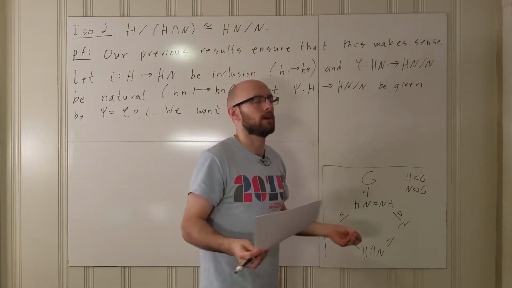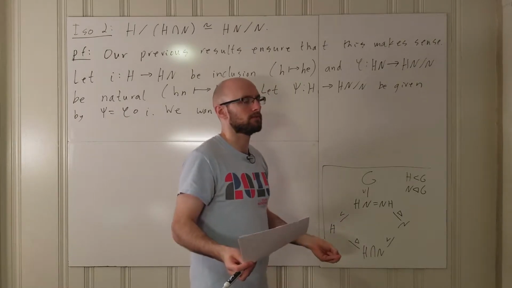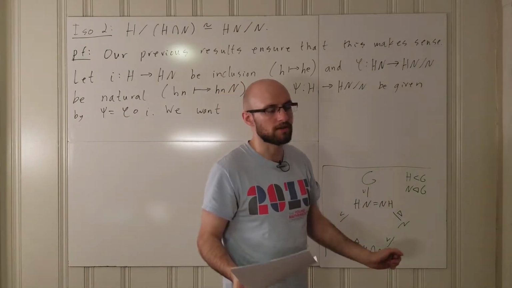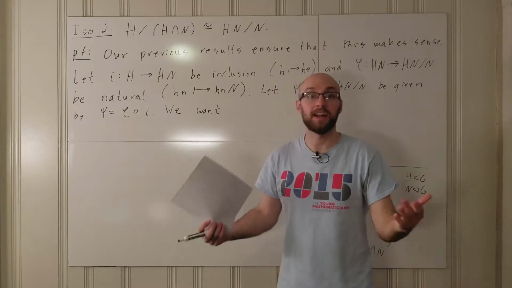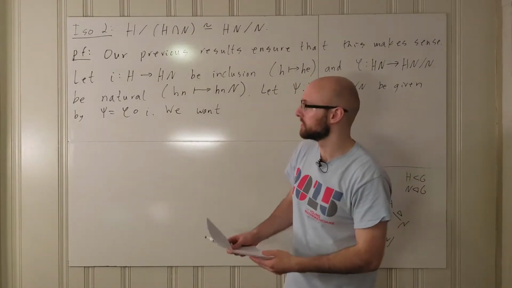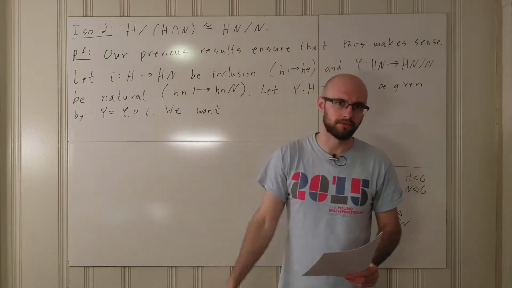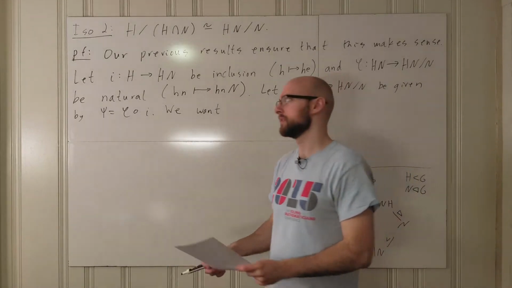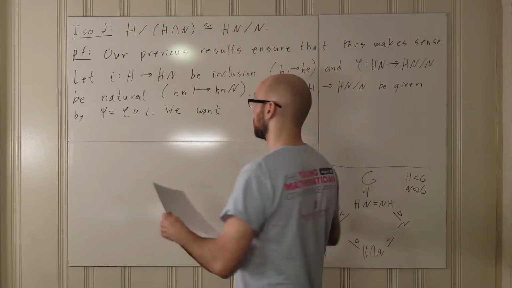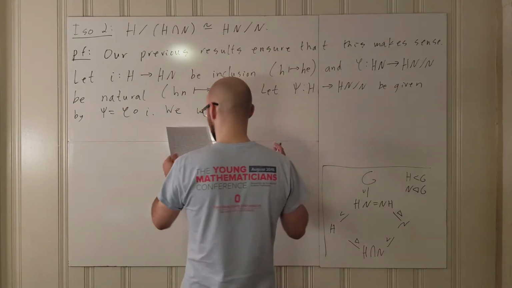Obviously this is the second time in a row we've used the fundamental theorem of group homomorphisms, because these are the isomorphism theorems, and isomorphisms are homomorphisms. But it just goes to show you, we throw around the fundamental theorem of group homomorphisms all the time, which is why it's called fundamental. So anyways, let's state that.